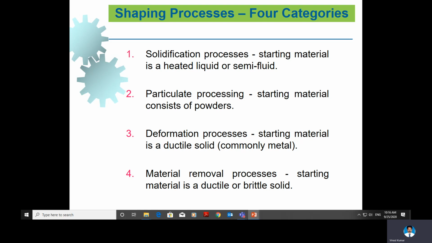Here the metallic powder is converted into a particular shape and size. In deformation processes, we change the shape and size of a product, like bulk deformation or sheet metal working. In material removal processes, we remove certain material to produce the final product.